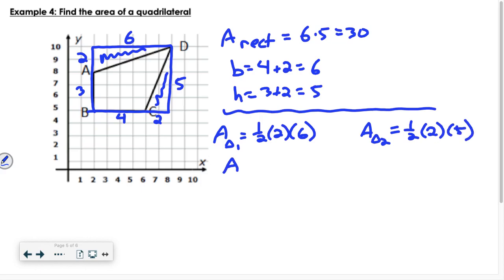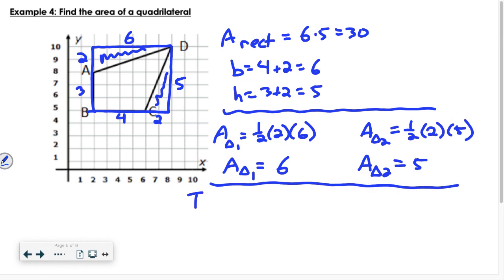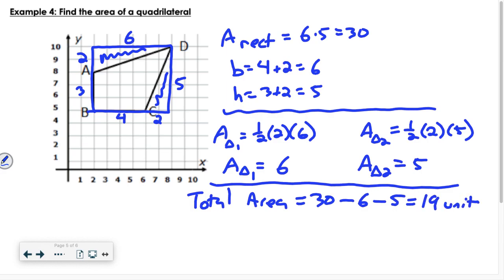Multiplying these out, the area of triangle 1 is 6 square units and the area of triangle 2 is 5 square units. So my total area is the rectangle area minus the first triangle minus the second triangle, which comes out to 19 square units.